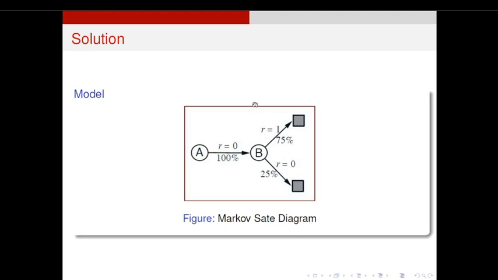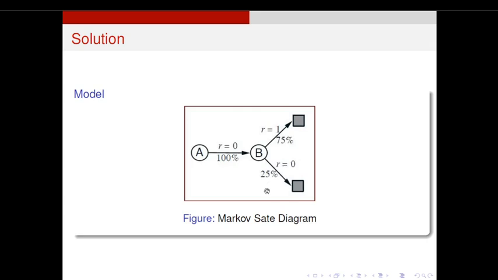See, this is one state. The total transition probability for one state transition should be 1. So 100% means 1. Then what about this second stage? That means state B to the terminal state. Now you just sum up these vertical probabilities. Here the probability is 0.75, here the probability is 0.25.